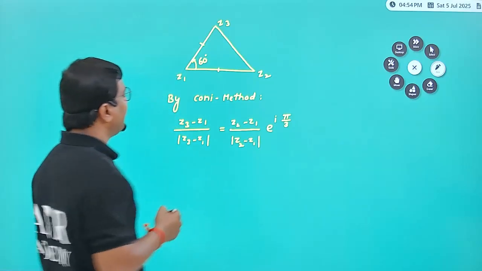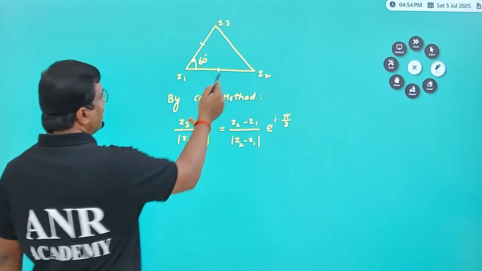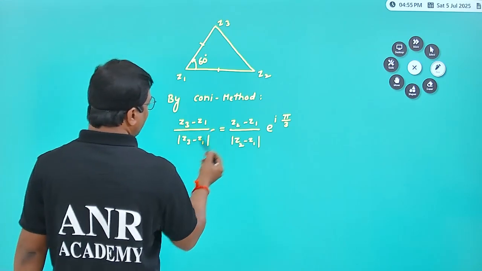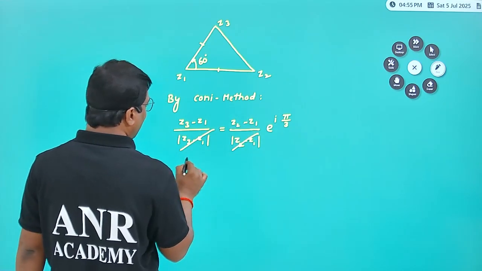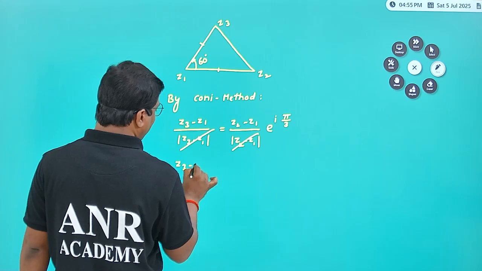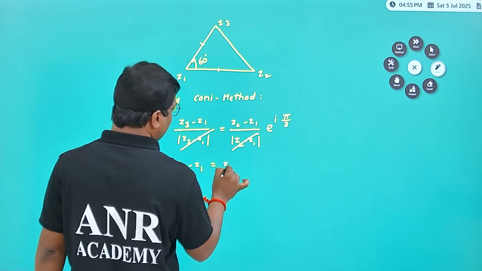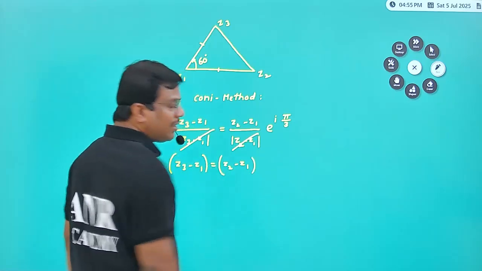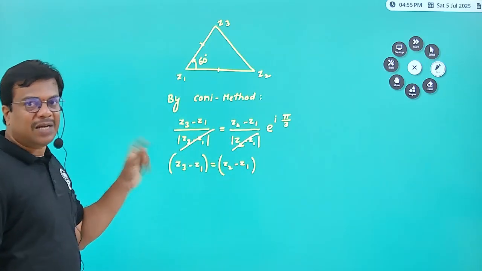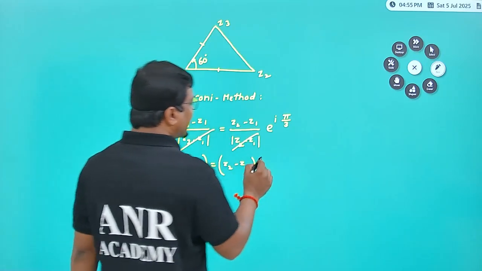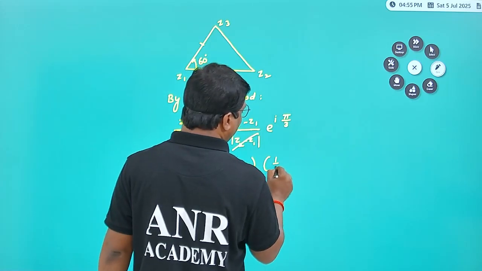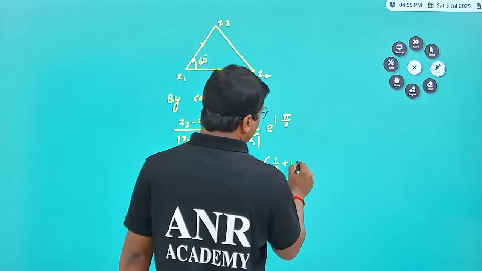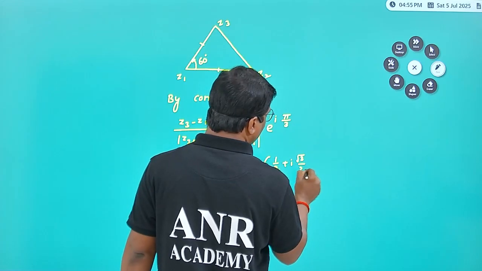And clearly these are of same length due to the equilateral triangle. So these two get cancelled and we get Z3 minus Z1 equal to Z2 minus Z1 multiplied by e power I theta, nothing but cos theta plus I sin theta, cos pi by 3 value, cos 60 degrees is 1 by 2 plus I sin 60 degrees value, that is root 3 divided by 2.